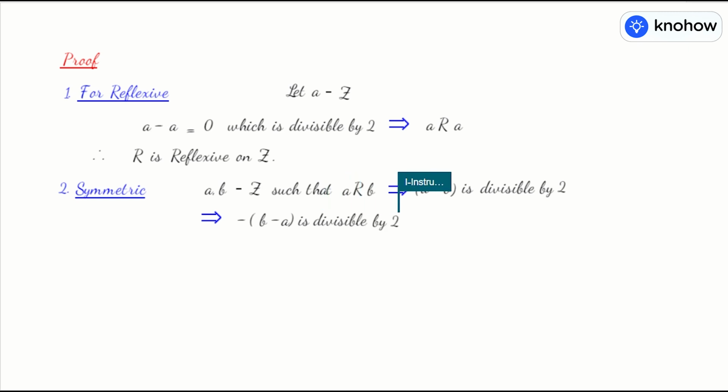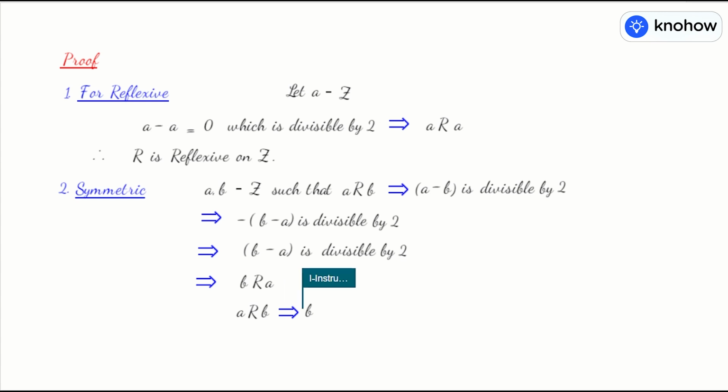And if minus times (b minus a) is divisible by 2, so should be b minus a, that is, b minus a is divisible by 2. Let me take an example. For example, if 4 is divisible by 2, then minus 4 is also divisible by 2. Or if minus 4 is divisible by 2, we can say 4 is also divisible by 2. So b minus a is divisible by 2. So what do you conclude? That b is related to a. So finally we find that a related to b implies b related to a. So we can conclude that the given relation R is a symmetric relation.